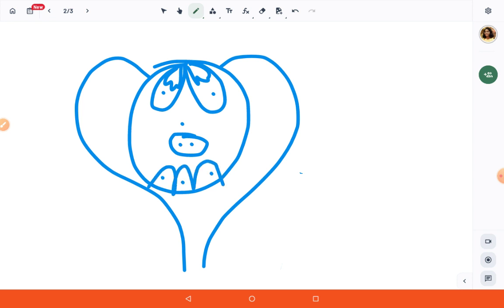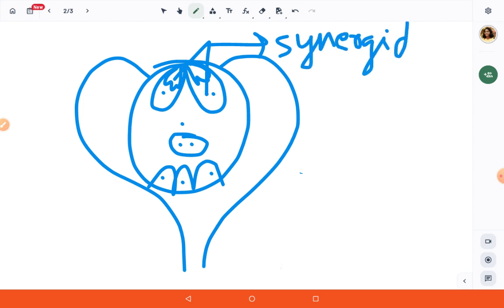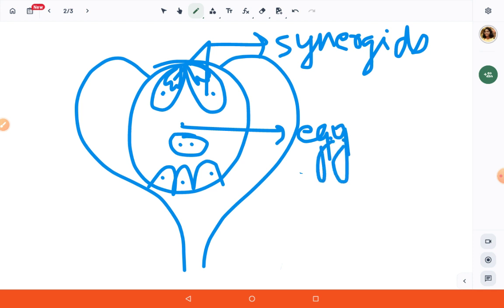This is the arrangement. Now see, these cells which are at the topmost pole, these are the synergids. So 2 nuclei are there at the topmost, and these 2 we call synergids. Now this single one in the middle is the egg. When it is fertilized, this is the main one which is fertilized, and it forms something which we call syngamy.